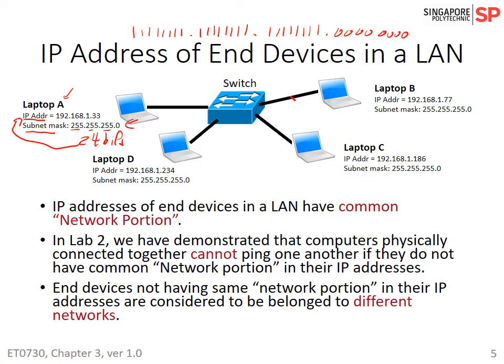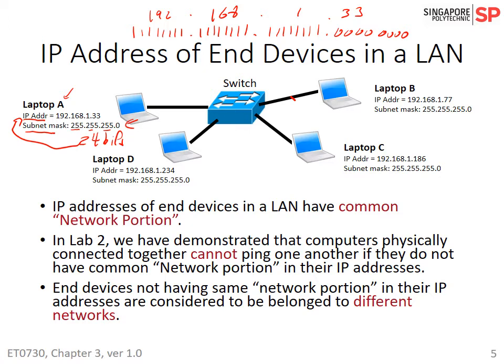So using this subnet mask, laptop A knows that the first 24 bits, which is 192.168.1, these three numbers, are the network bits, and the last number 33 is the host bit.